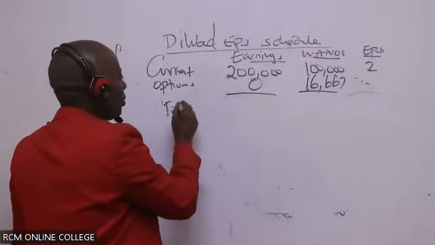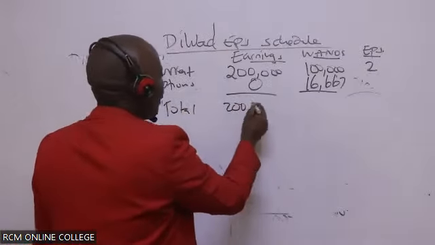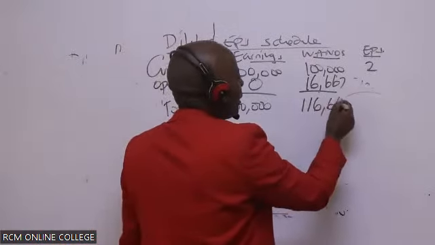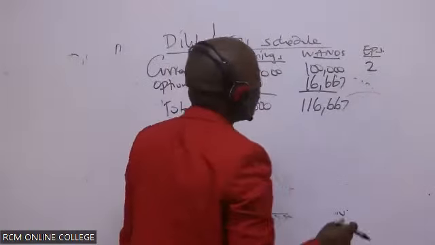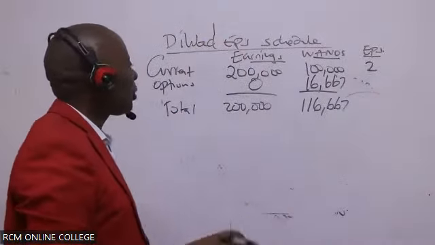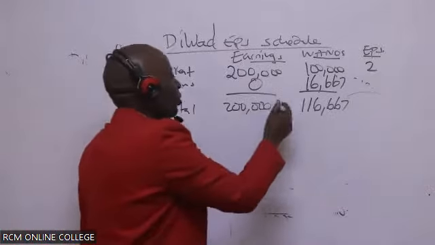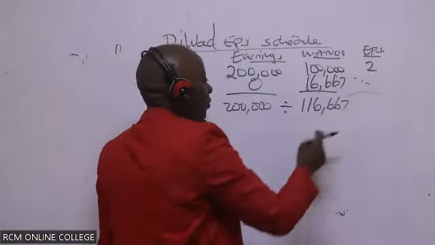So please give me the total. 200,000 earnings, and this gives me 116,667 shares. So please give me the EPS. Of course, I expect EPS to go down because options are dilutive. So you take this, you divide by this, which will give you what figure here.